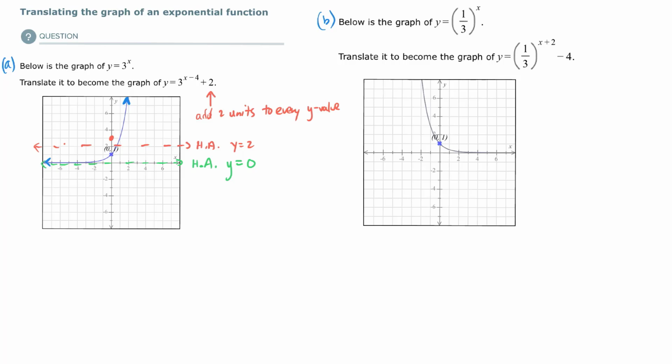Wait, I'm sorry. We need to do one more thing to the x value. We're not only just moving it up, we also have to move it to the right 4 units. So I'm going to move it right 4 units, and then we could plot the ordered pair. So there's actually an ordered pair at 4, 3. Not the 0, 3 that I mentioned earlier.